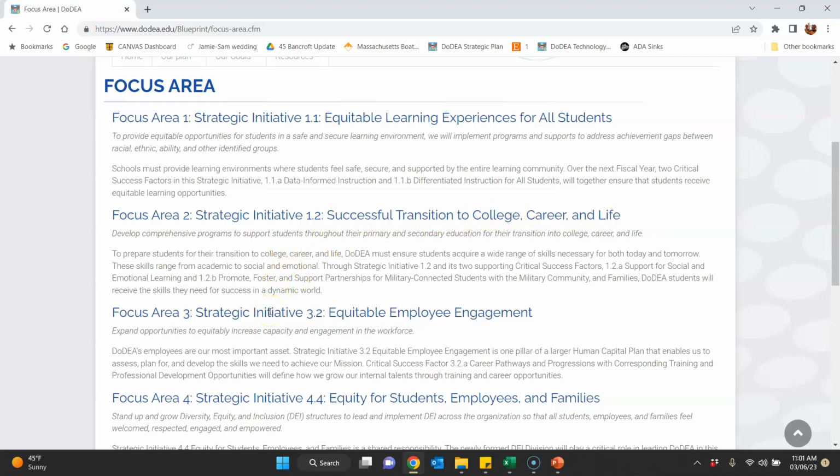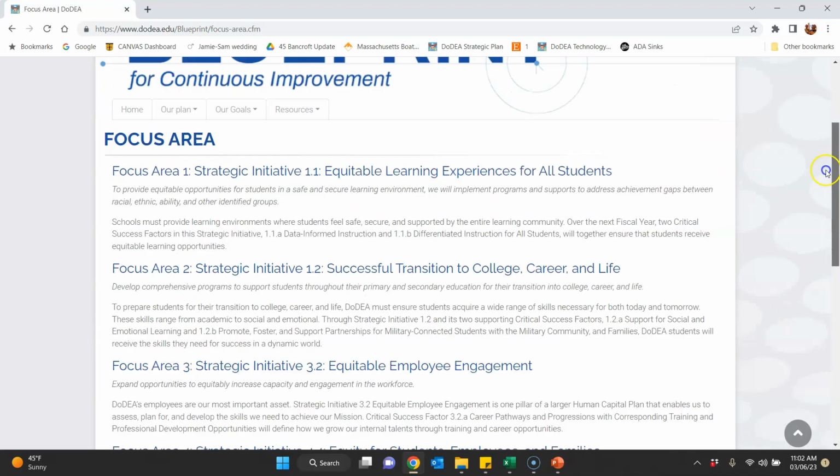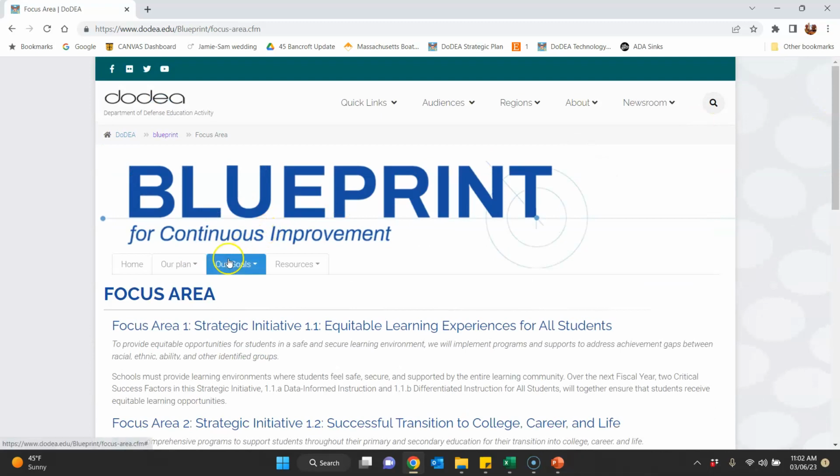The third one is from Goal 3, Equitable Employee Engagement. And the fourth one is from Goal 4, Equity for Students, Employees, and Families. So you can see that equity is a really important focus area for all of this plan.